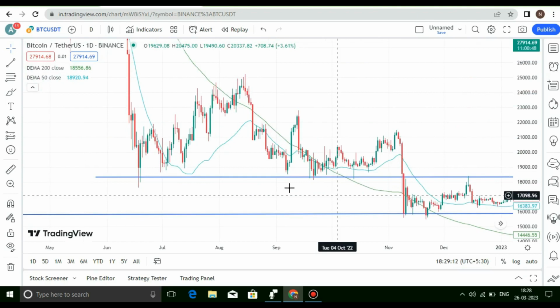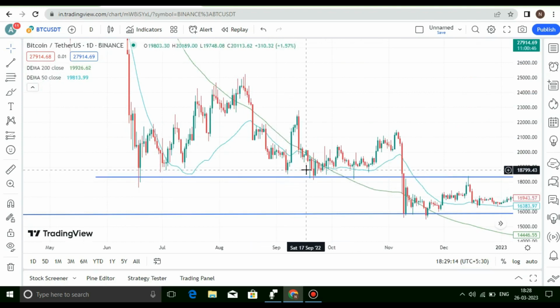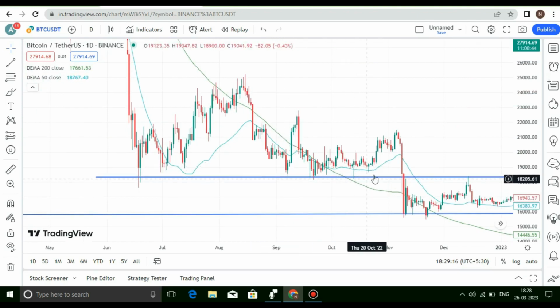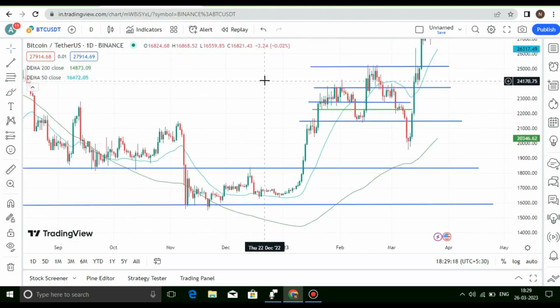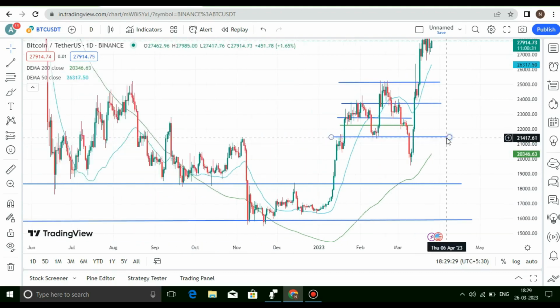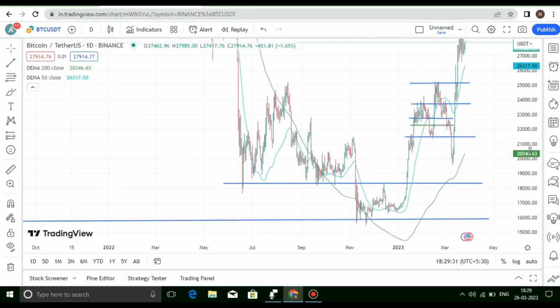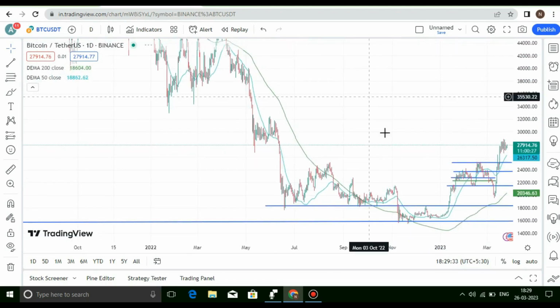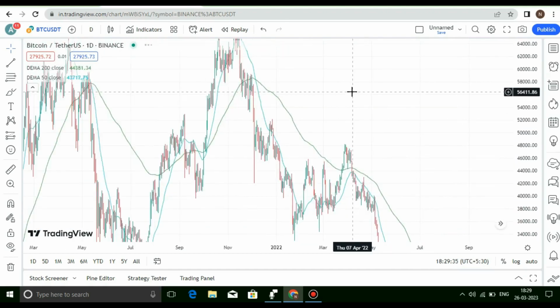Now, I will be teaching you one thing. We look for crossovers over here. If the faster moving average, which is the 50-day EMA, crosses the less sensitive moving average from below, in this chart, let's find out where the crossovers have happened.